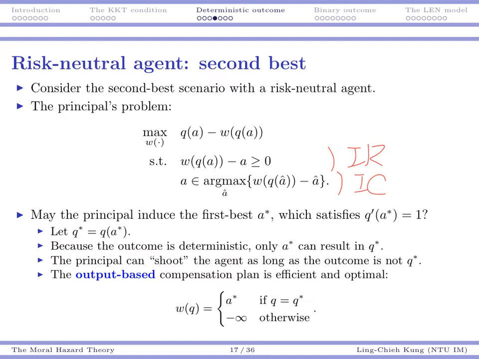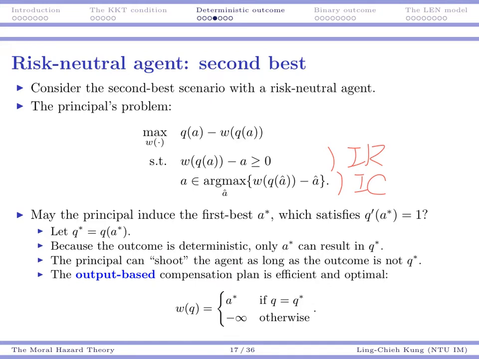Or more precisely, I can design an output-based compensation plan in this way. If I see the outcome is something I want, I pay you something that can cover your cost. If I don't see what I want, you get nothing. Okay? So that's the output-based compensation that can induce the efficient effort level.